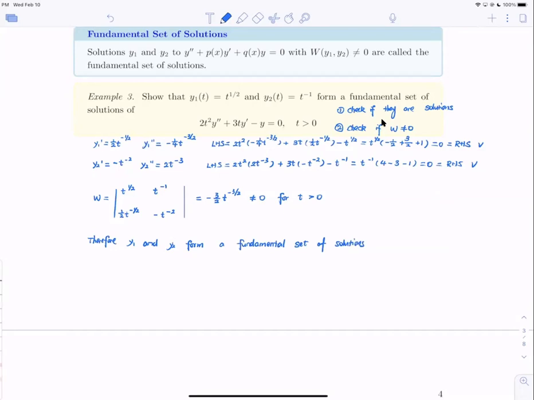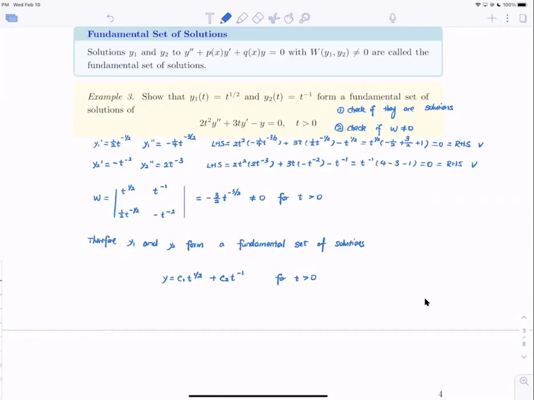And you can also write the general solution down. Anyway, let me write it down: C1 t to the 1 over 2 plus C2 t to the negative 1, for t greater than 0. Any question?